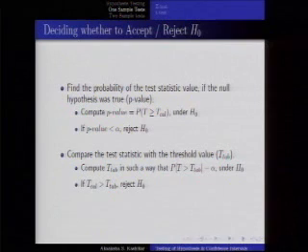Next thing is to find out the criteria for deciding whether to accept or reject H0. So what we do is we find the probability of the test statistic value if the null hypothesis was true, which is also known as the p-value.